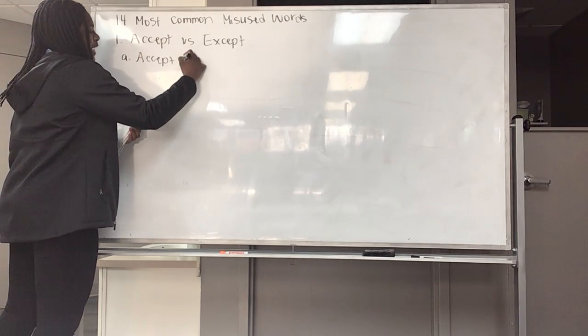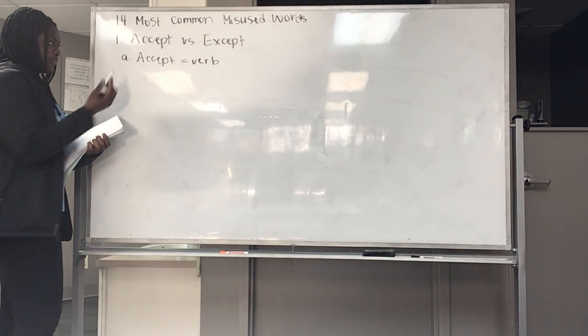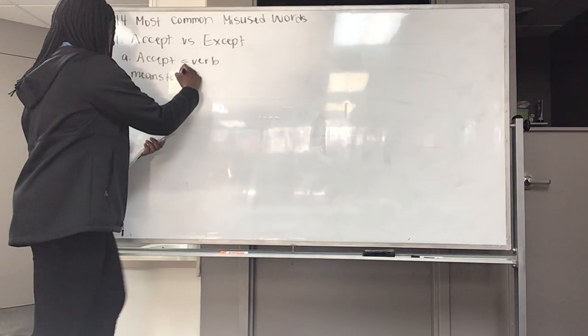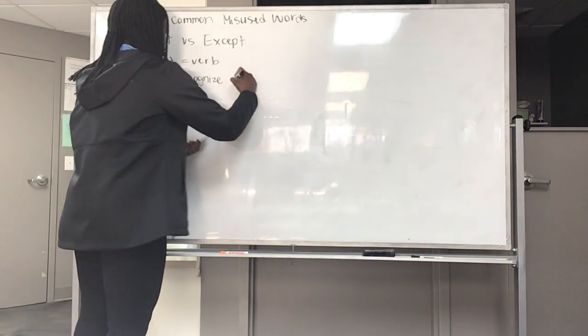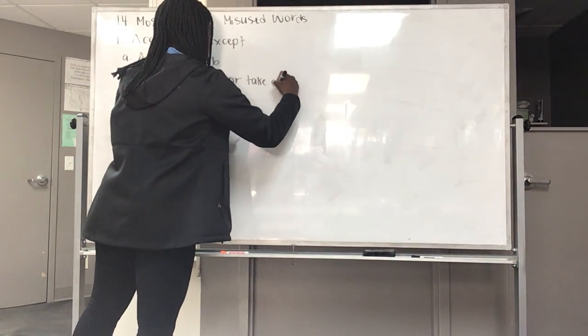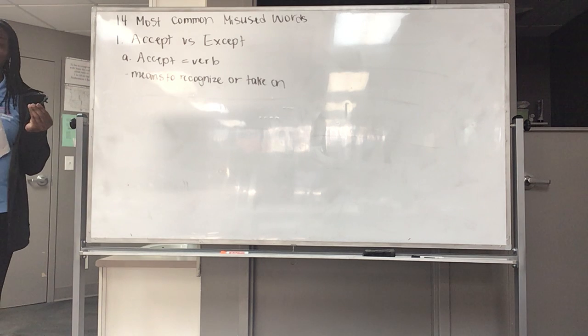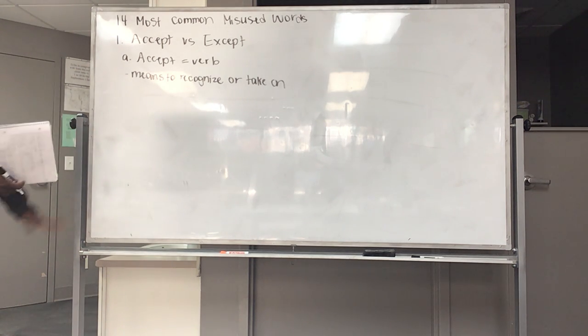So accept with an A is usually used as a verb. And so what accept with an A means is to recognize or take on. So you could accept an invitation.